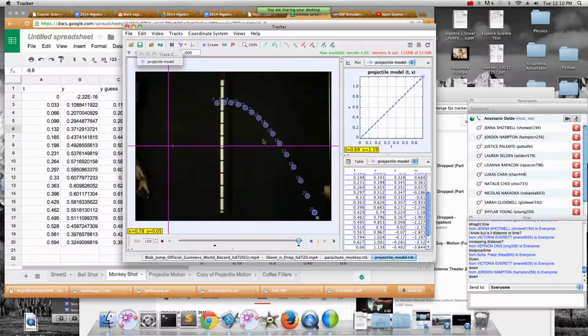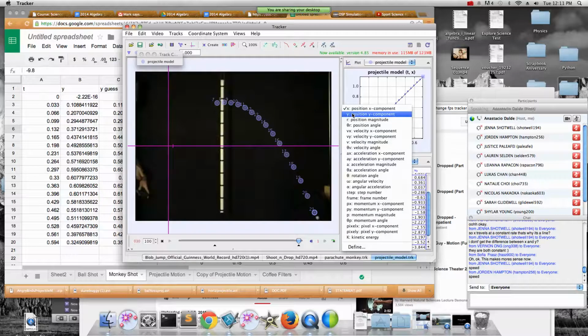So gravity doesn't change the speed of the ball in the x direction. Gravity only changes the speed of the ball in the y direction. I'm breaking this motion into two different directions, the x direction and the y direction. If it's a straight line, that means the speed is not changing. You can calculate the slope for this, right? And if you calculate the slope, what will that give you? The slope will give you the speed that the ball is moving in the x direction. Got it?